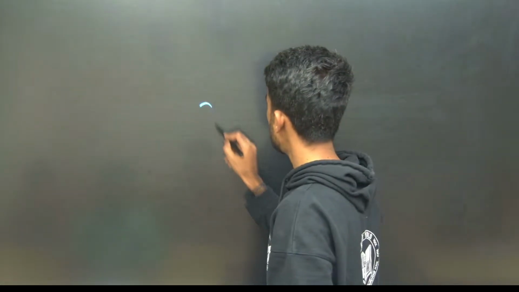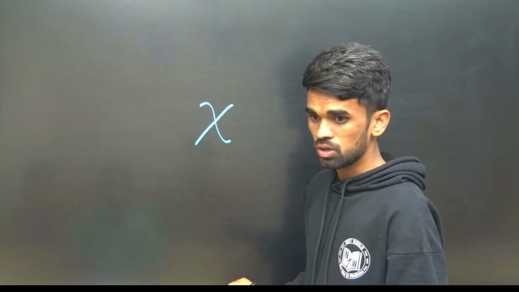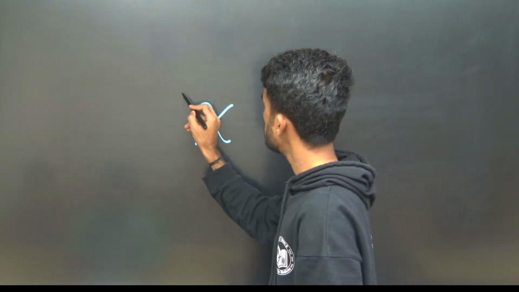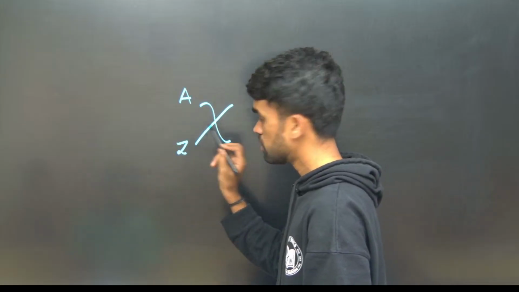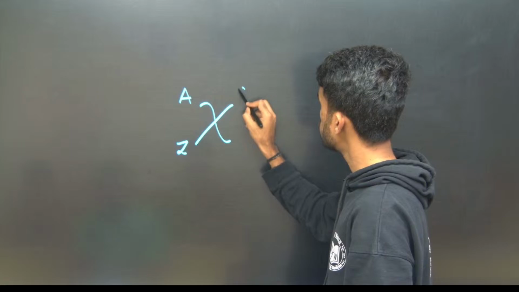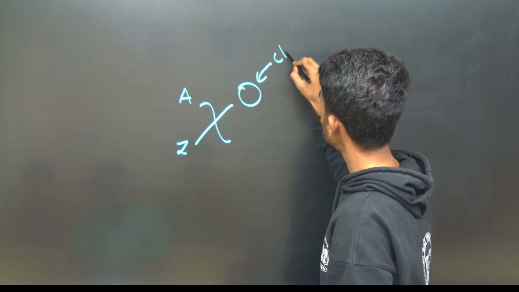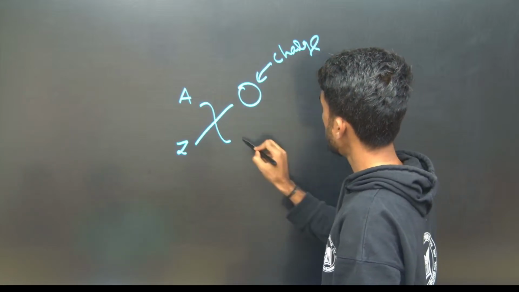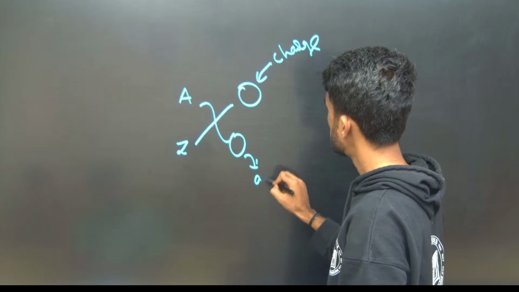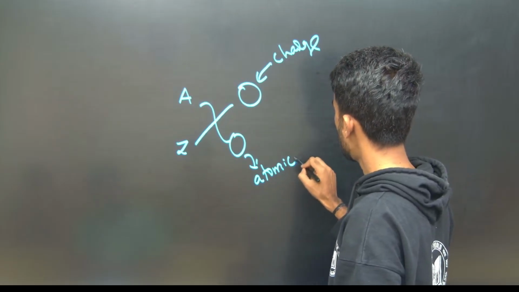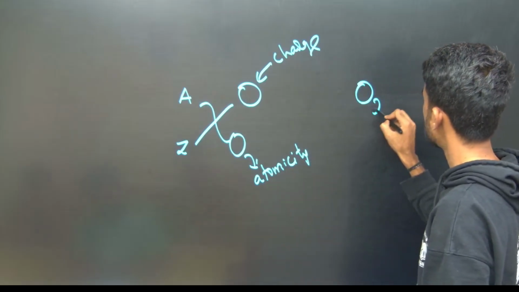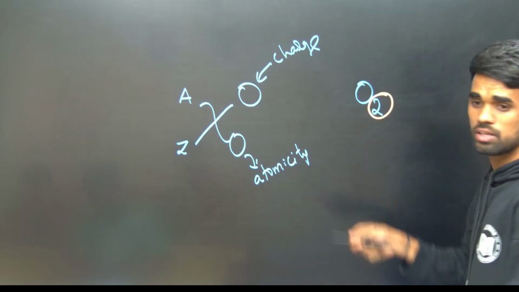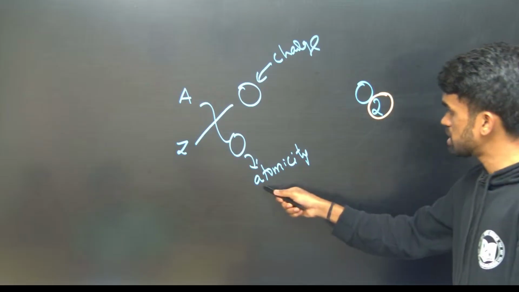So if this is an atom, an element, here you should indicate the mass number, here the atomic number, here the charge, and here the atomicity. For example, O2 you are writing. See, what is the atomicity of oxygen here? 2. Atomicity is 2.